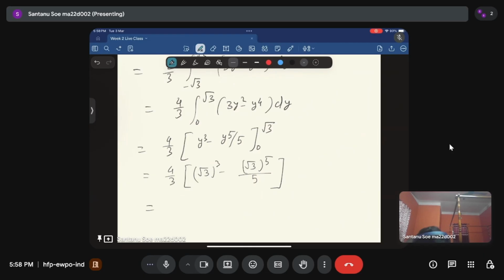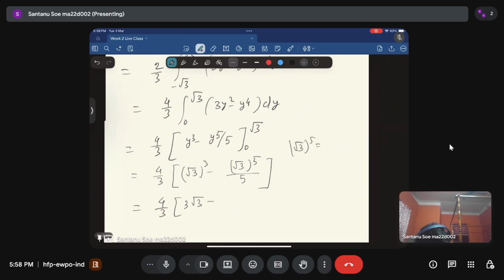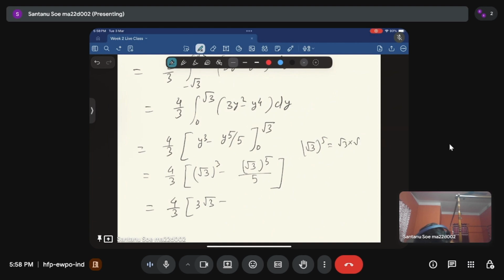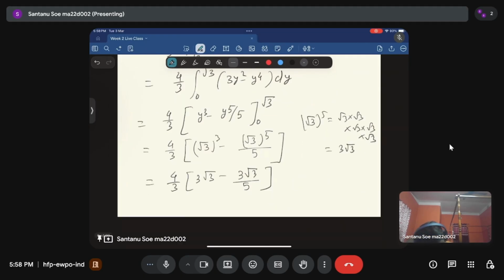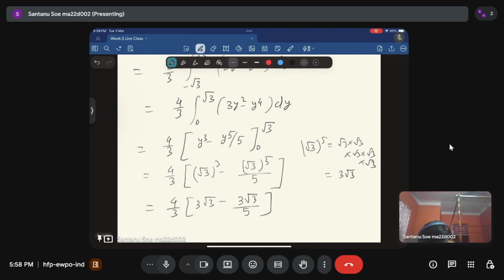And this is going to be 4 by 3, 3 root 3 minus... So now root 3 to the power 5 is root 3 times root 3 times root 3 times root 3 times root 3. Sorry, this is going to be 9 root 3.